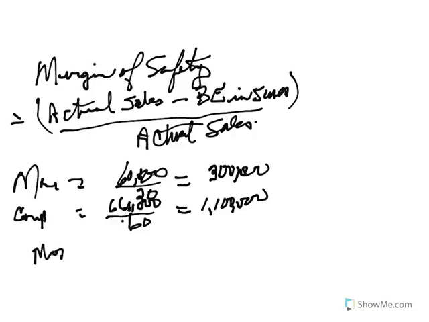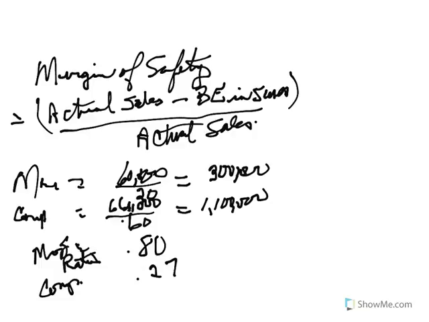Now, when you do the margin of safety for manual, it would be the actual sales of 1,500,000 minus the 300, divided by 1,500,000, which would be 0.8, the margin of safety ratio. And for the computerized, it would be the actual sales of 1,500,000 minus the break-even sales of 1,100,000, divided by the actual sales of 1,500,000, and you get 0.27.